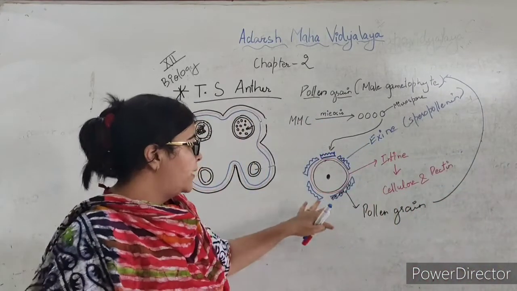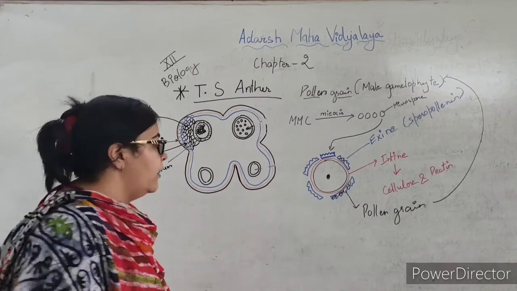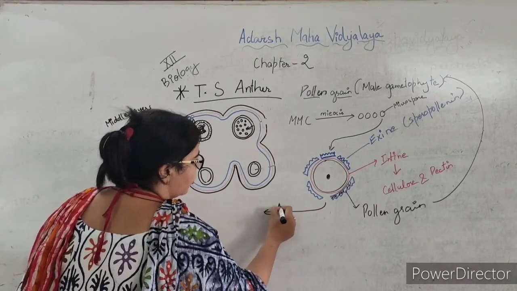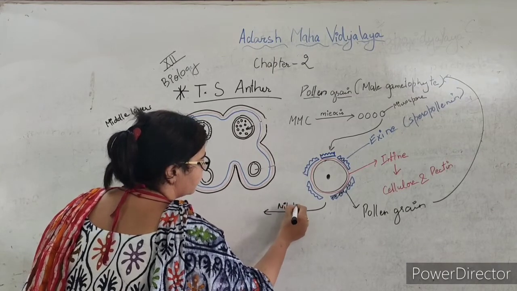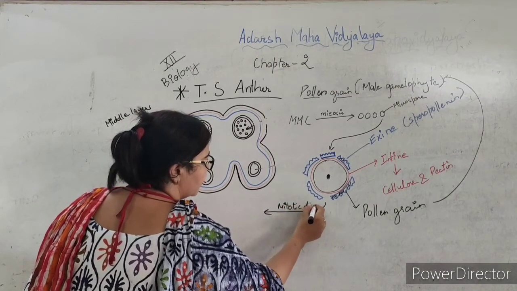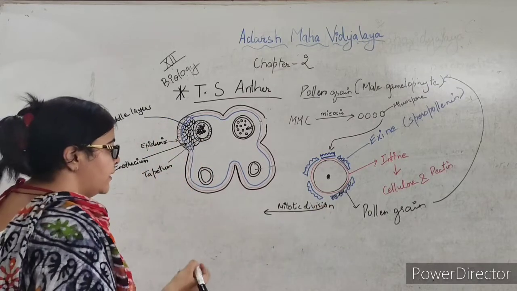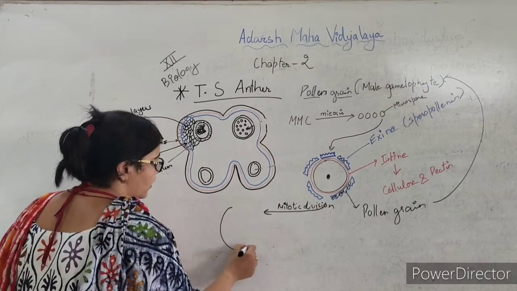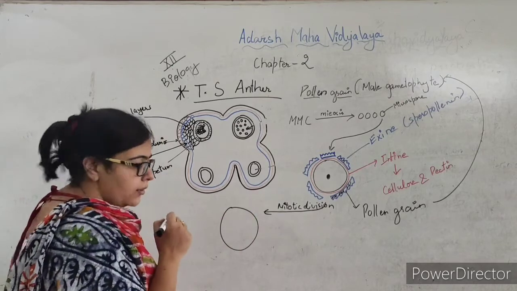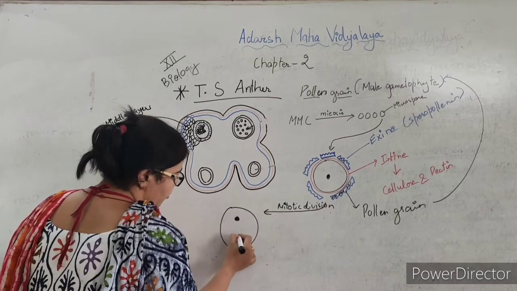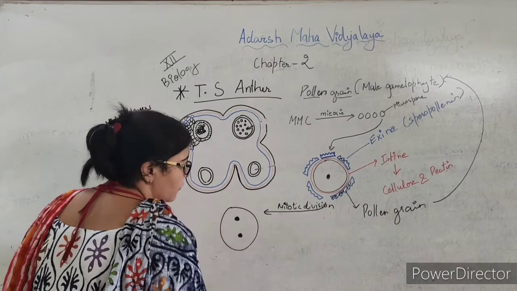Now after the formation of this pollen grain, it will undergo what? It will undergo mitotic division. Now we are aware that when we are talking about division, first karyokinesis will occur and then cytokinesis will occur. So karyokinesis will occur and there will be formation of two nuclei.